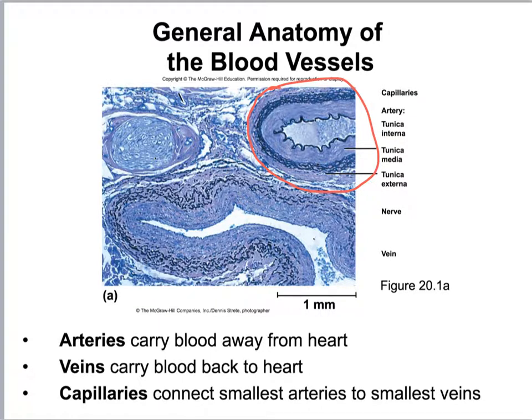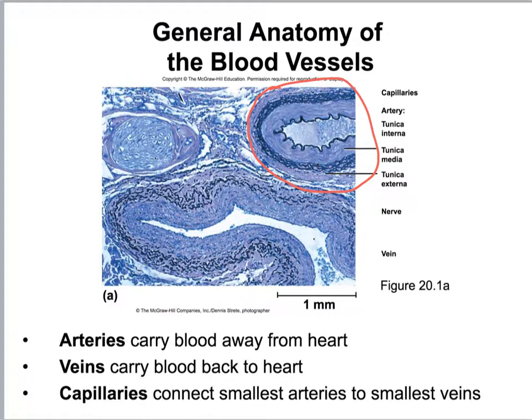as well as, in some of the larger blood vessels, elastic tissue. And here you can see this is a fairly large blood vessel, and you can see this layer of elastic tissue right there. That allows the artery to stretch when it receives this big bolus of blood from the heart. In veins, you're going to have basically the same tunica interna.